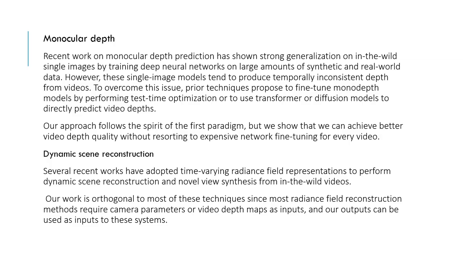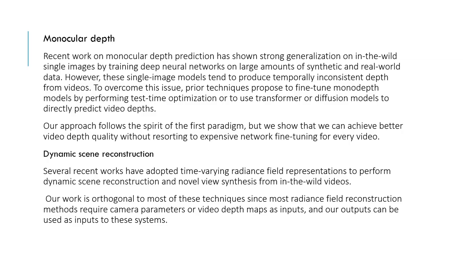Next, monocular depth. Recent work on monocular depth prediction has shown strong generalization on in-the-wild single images by training deep neural networks on large amounts of synthetic and real-world data. However, these single-image models tend to produce temporally inconsistent depth, so methods perform test-time optimization, or use transfer or a different model to directly predict video depth.